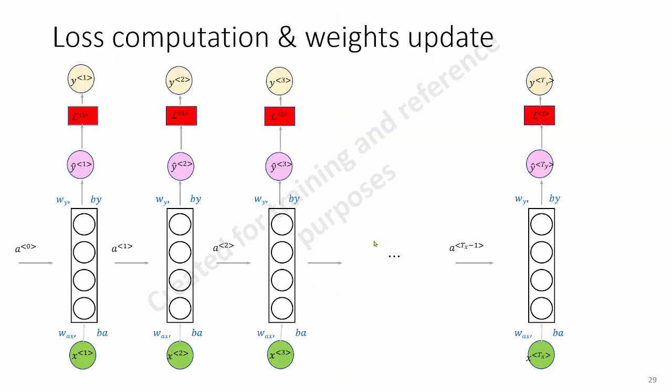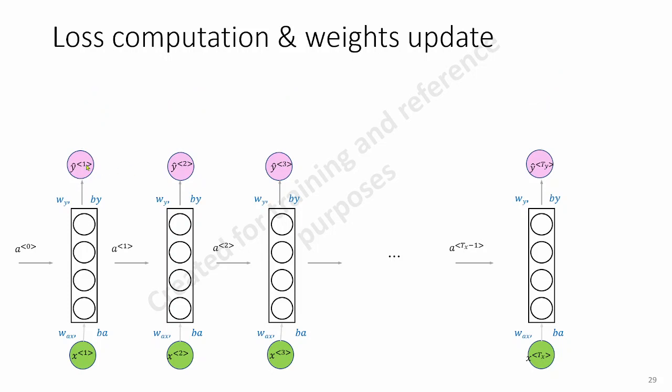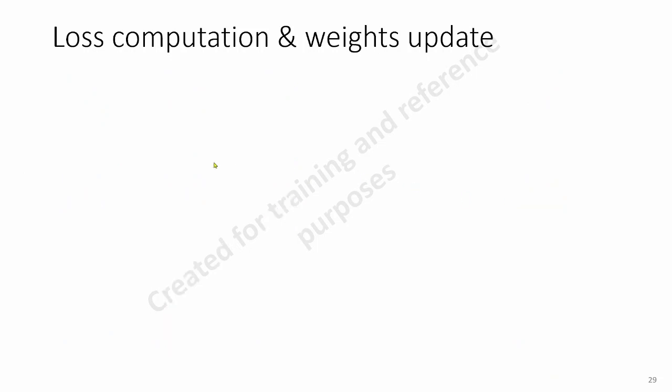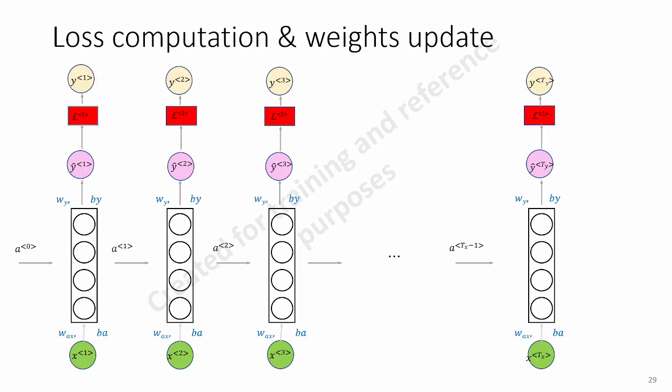The loss computation happens like this: for each time step, you predict the output, then compare the predictions with the actual, and that gives you the loss for each time step. Then you aggregate all of these losses into a combined loss.